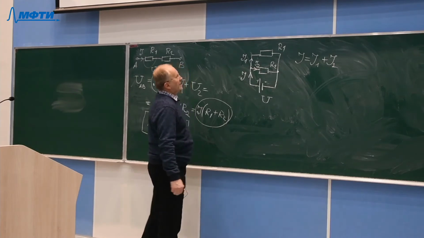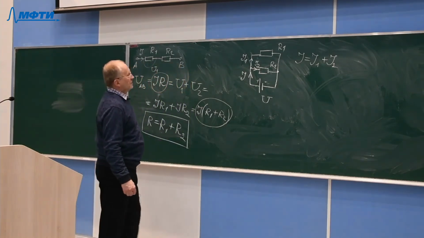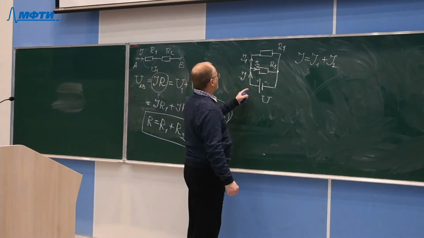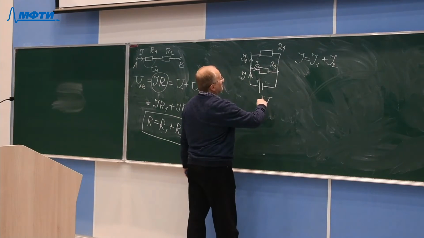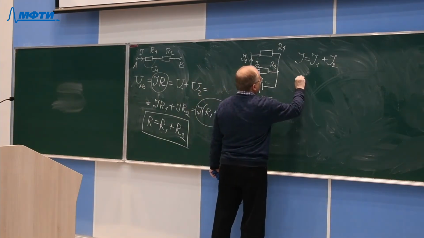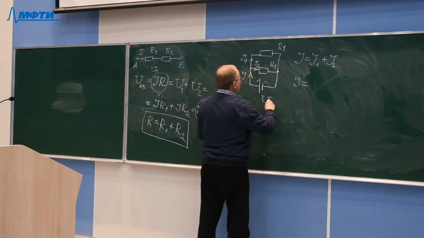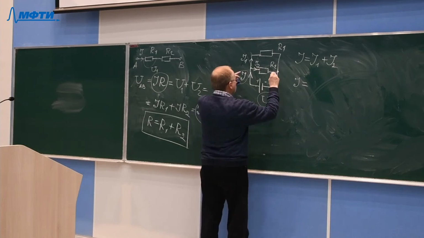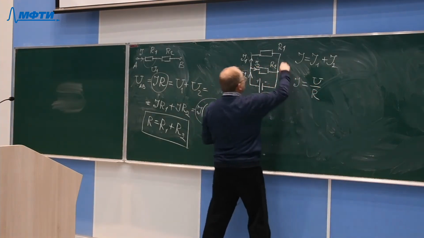So in this formula we can see that the electric current, due to Ohm's law, the total electric current, this one, must be equal to the total voltage divided by the total resistance of this circuit.